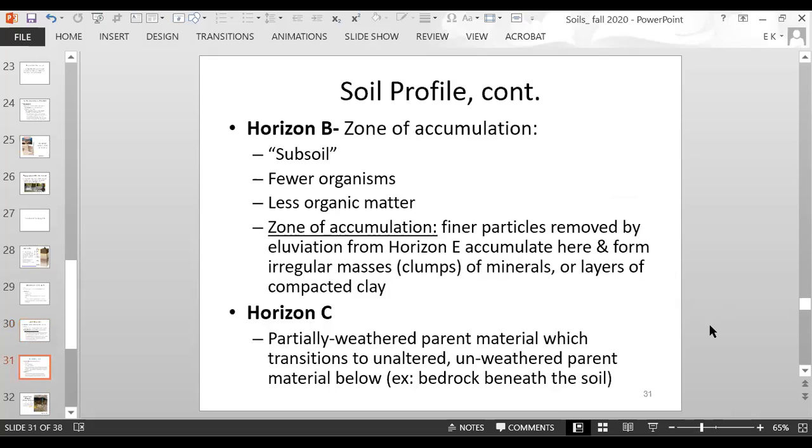So then horizon B is the zone of accumulation. That's where the finer particles removed by alluviation from horizon E accumulate in horizon B, and they can form irregular masses or clumps of minerals or layers of compacted clay.